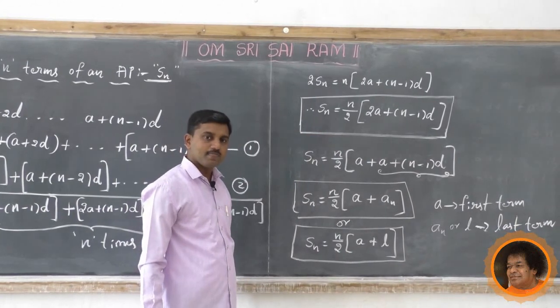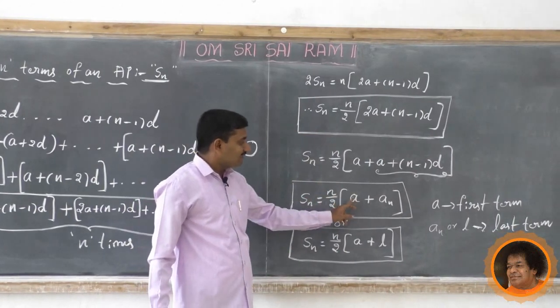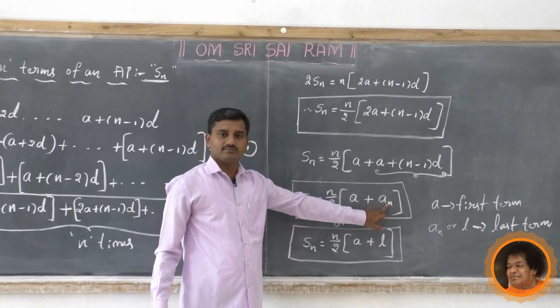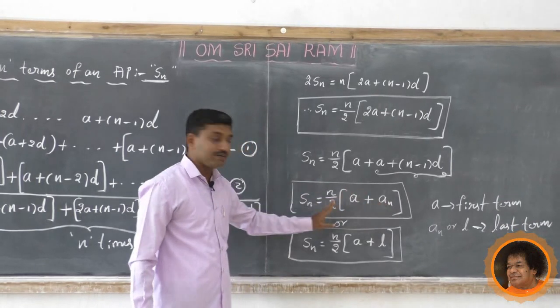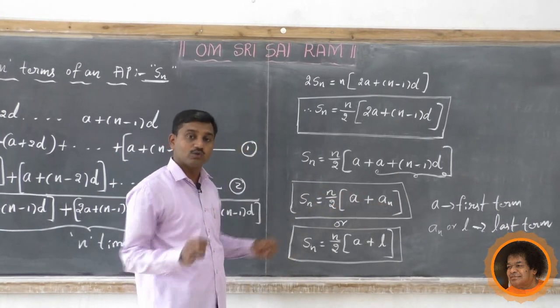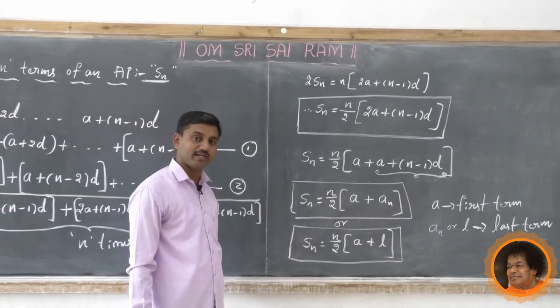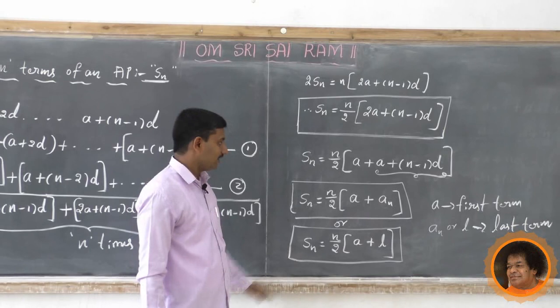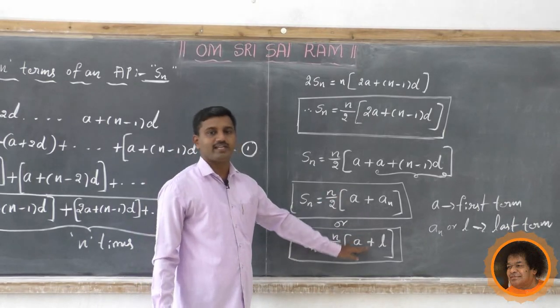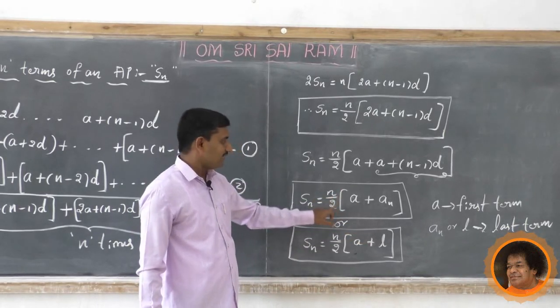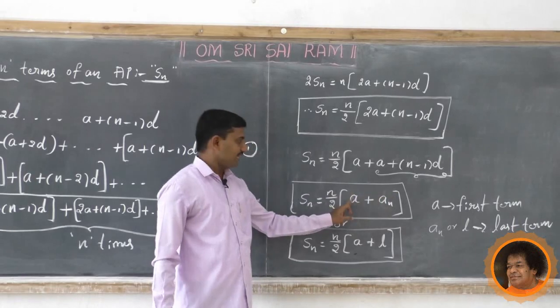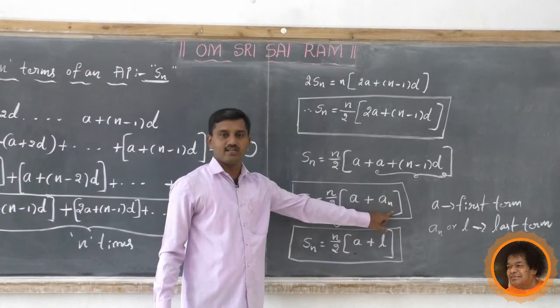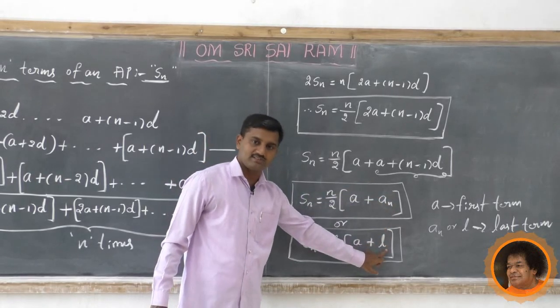In an AP, if the first term and the last term are given and the common difference is not given, how to find the sum of n terms of an arithmetic progression? Is it possible? Yeah, using this formula we can find the sum. So n by 2 into a plus an. a is the first term and an is the last term, or l is the last term.